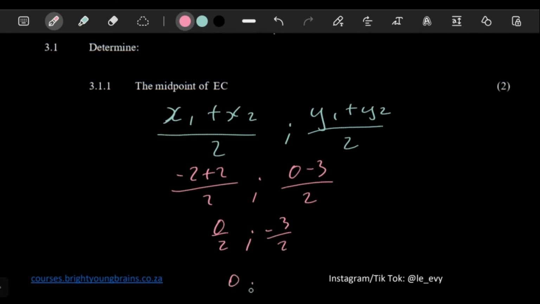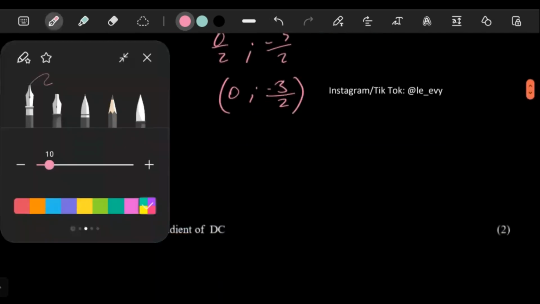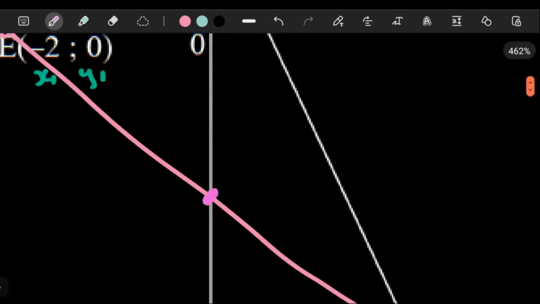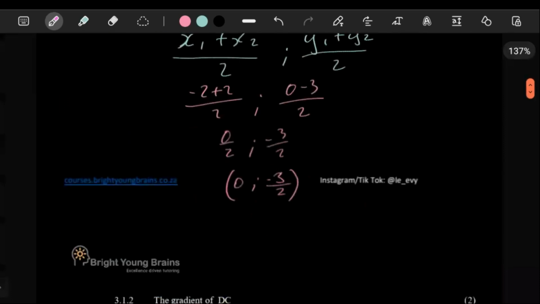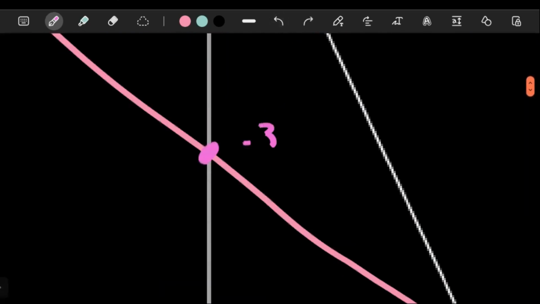So it's 0 here and -3 over 2. There we go. Moving on. So now we do know that this is actually the middle. Is it -2 over 3? -3 over 2 actually.